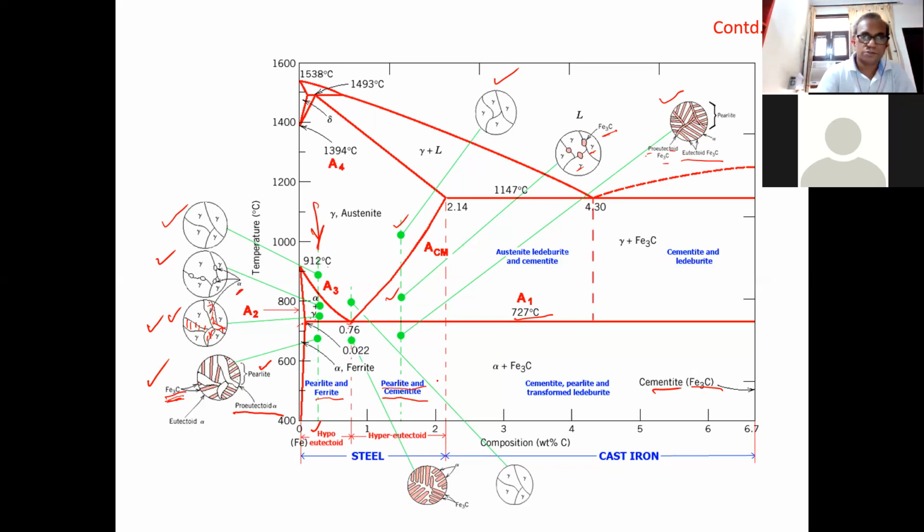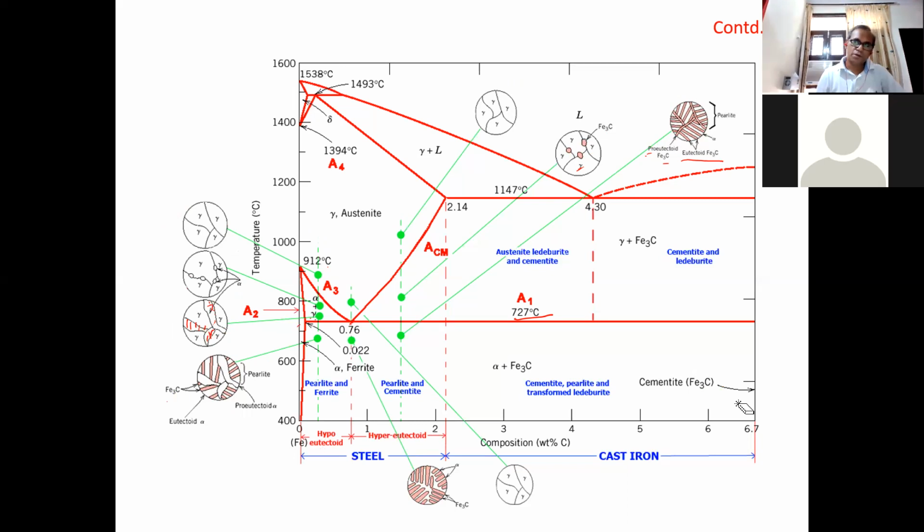So this way we can better understand the iron carbon equilibrium diagram. And with the help of this diagram, we can understand very well the heat treatment process.